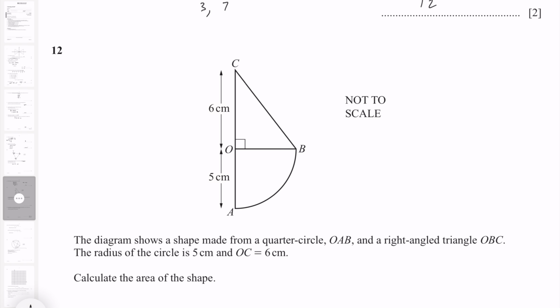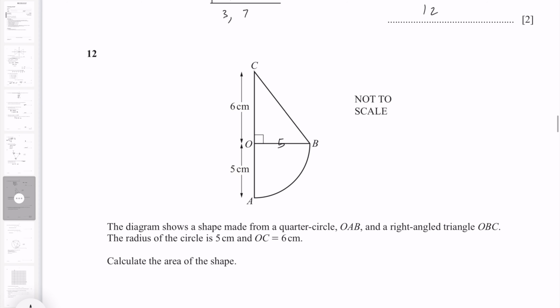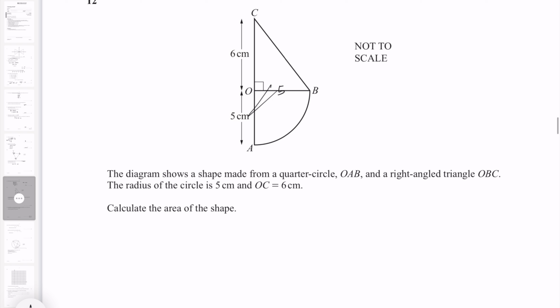The diagram shows a shape made from a quarter circle. Pretty sure that's this one, OAB, and the right angle triangle. Radius of the circle is 5, and OC is also 5. Calculate the area of the shape. This is a quarter circle.